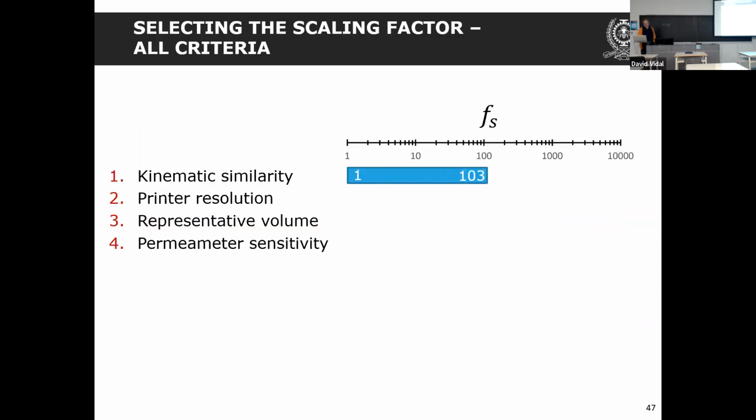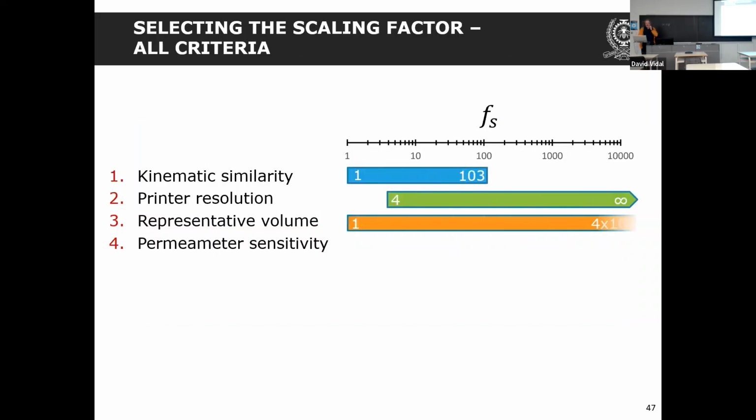So in the end, if you put all the scaling factors on the same scale, we came up with this range, luckily. Of course, we could have changed the scaling factor by changing the silicon oil properties. But we chose the one that was simpler to deal with, a scaling factor of 100.